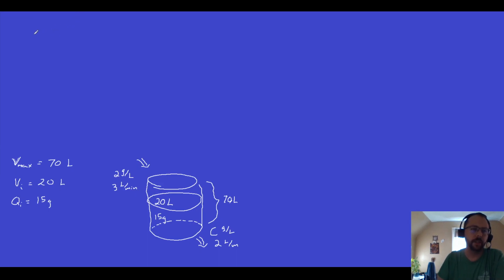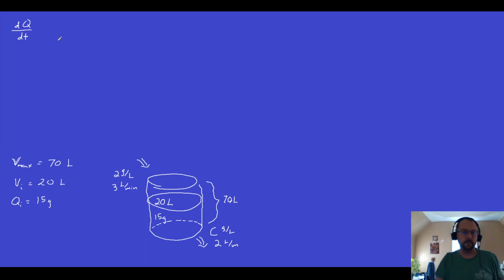So what we want to do here is set up a differential equation to model this. So the rate of change of the quantity of sugar with respect to time is going to be equal to the rate in, or what's going in, minus what's going out. Let me actually delete these.